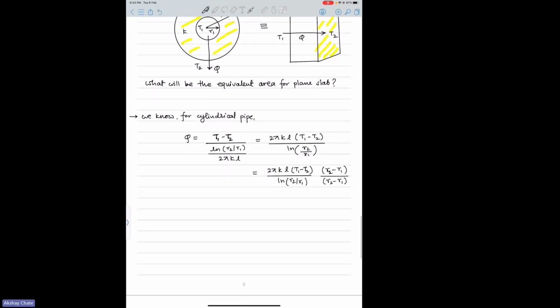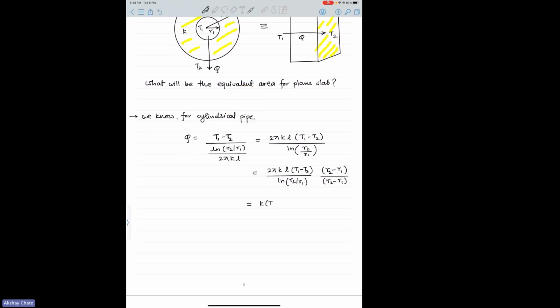If you do that, the numerator becomes 2 pi K into L. L also you can take inside.